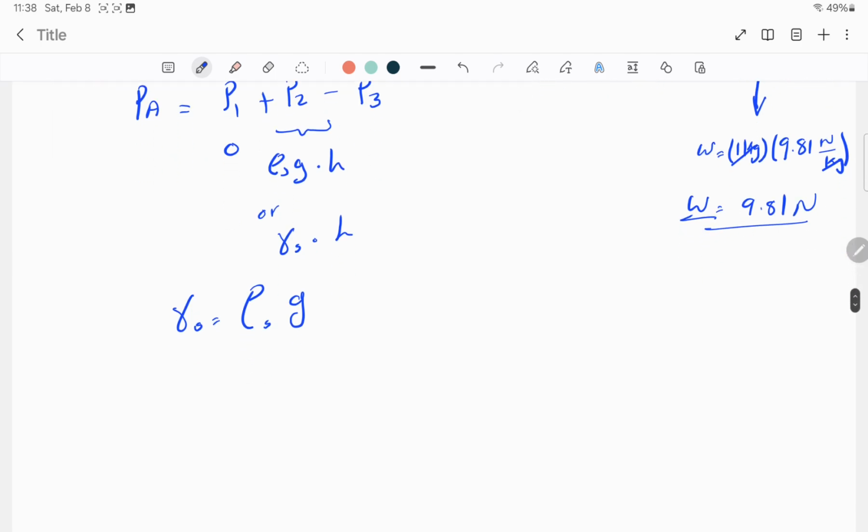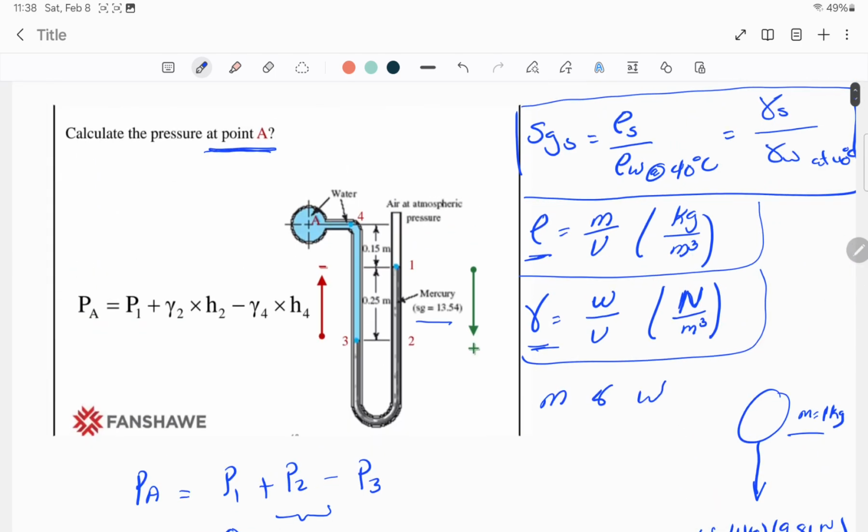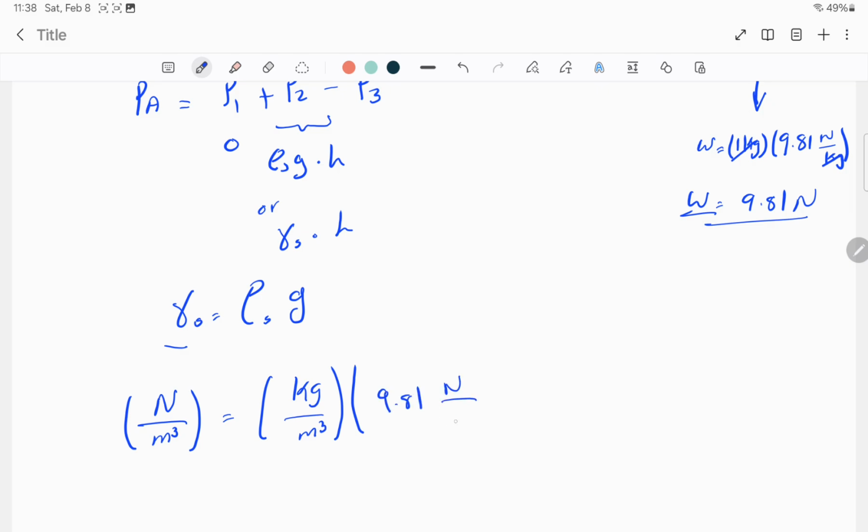If you look at their units, we said specific weight has units of newtons per meter cubed, which equals density, with units of kg per meter cubed, times gravity, which is 9.81 newtons per kg.